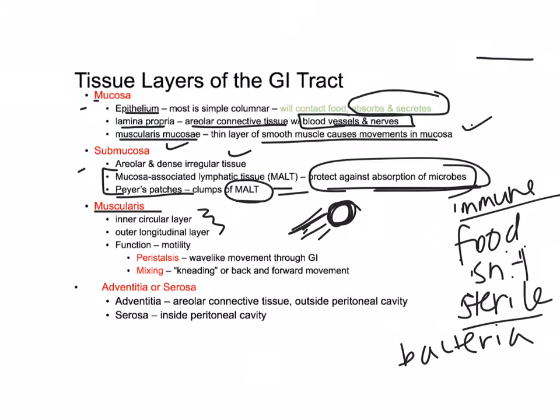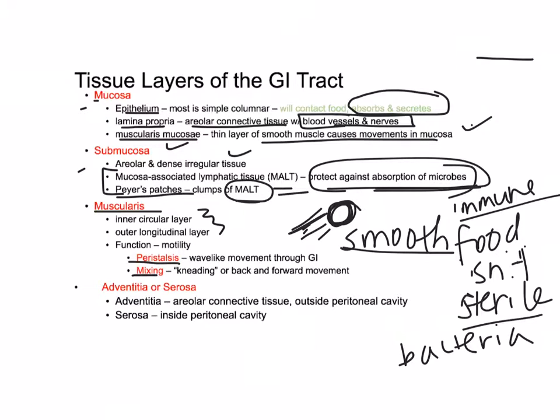Those muscles are smooth muscle for the most part, so it's involuntary. What they're there for is to move the food through the GI tract and to mix it. The wave-like movement of things through the GI tract is called peristalsis, and I have a picture of that. And then there's also mixing, and I have some pictures of that.